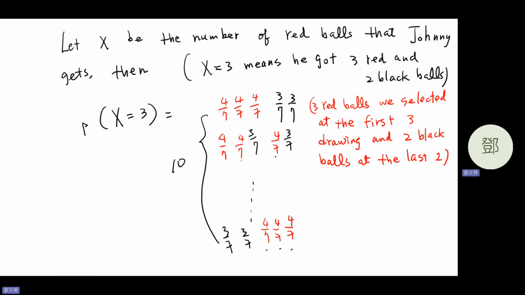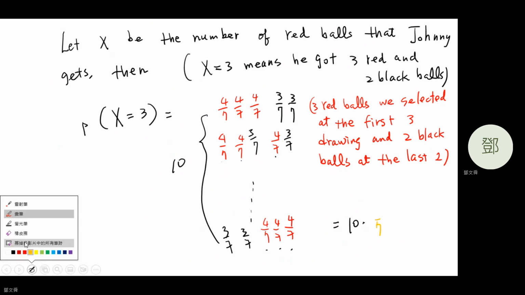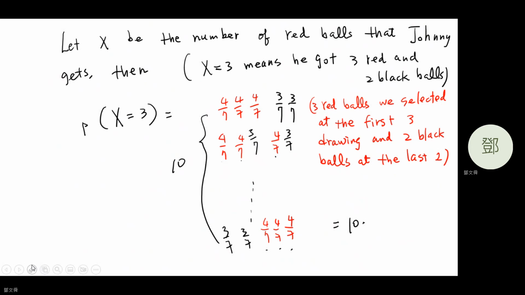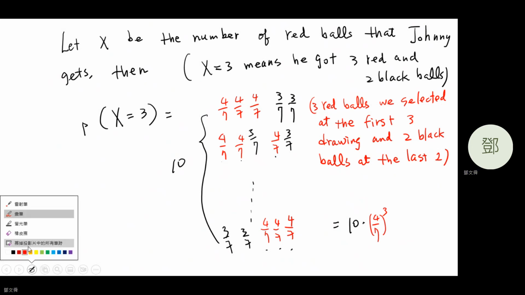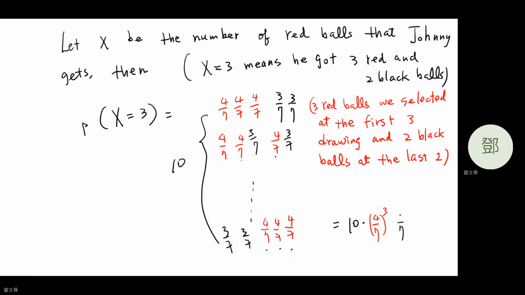How many? 10. Okay? So it is 10 times 4/7 three times, and the two black.